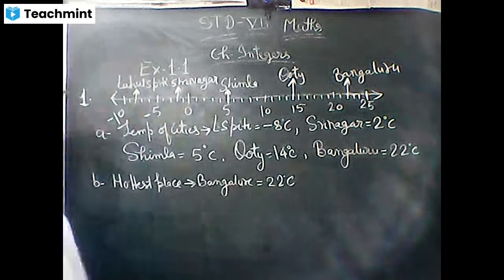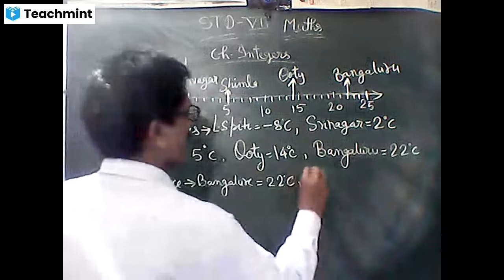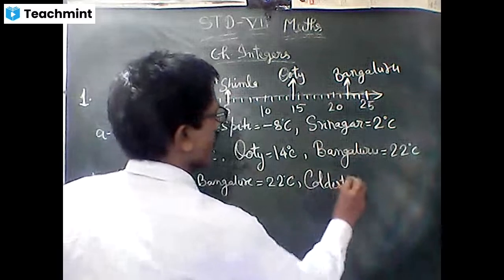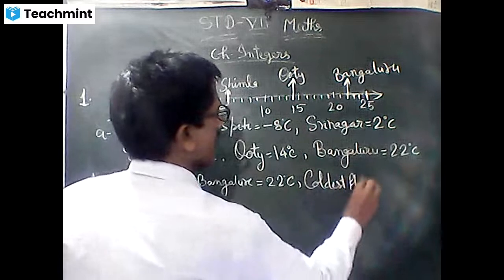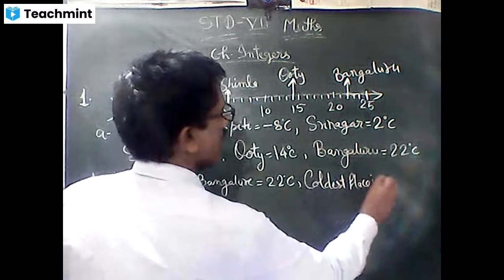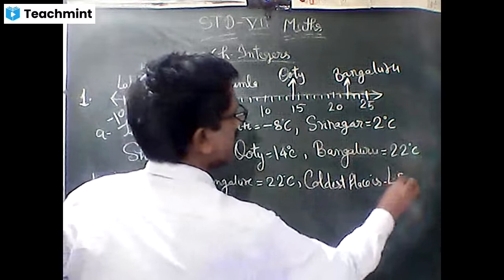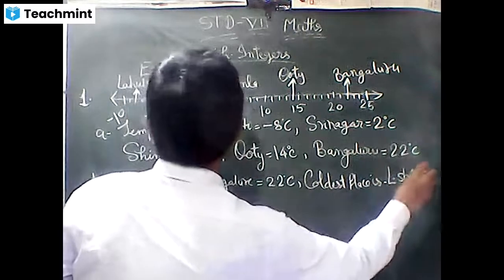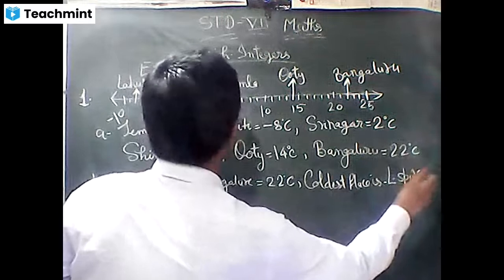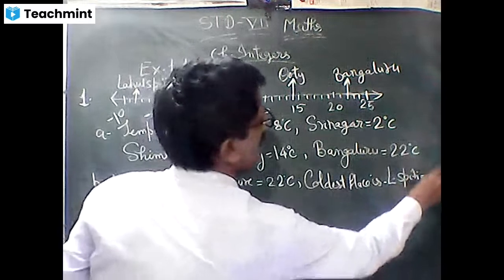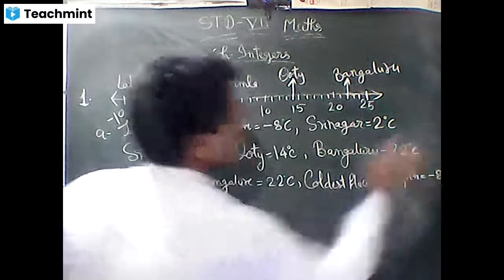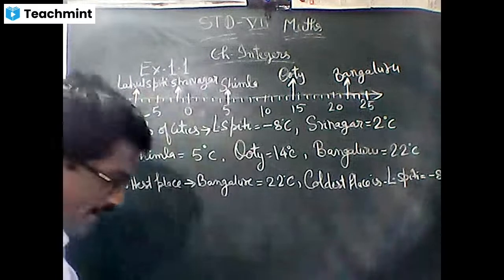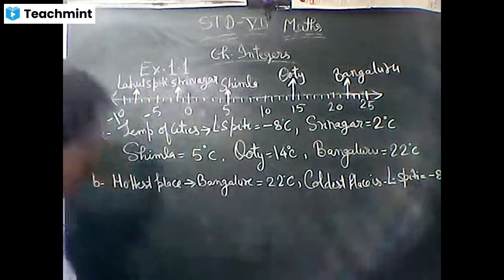And the coldest place is Lahul Spiti, that is -8 degrees Celsius. So find out the temperature difference.